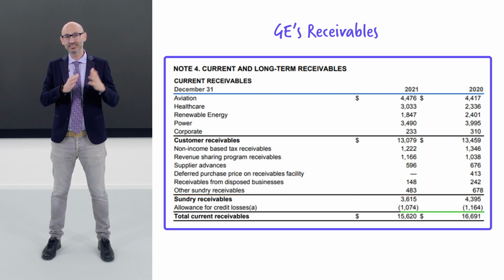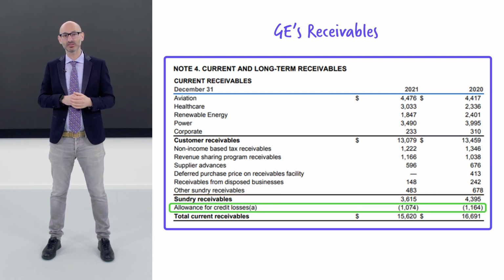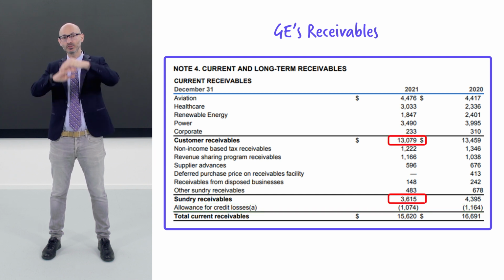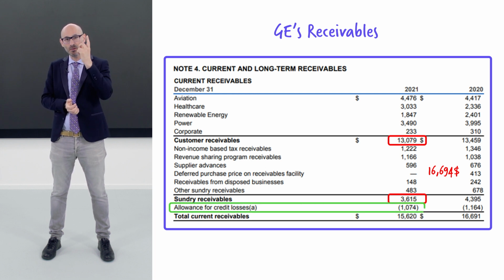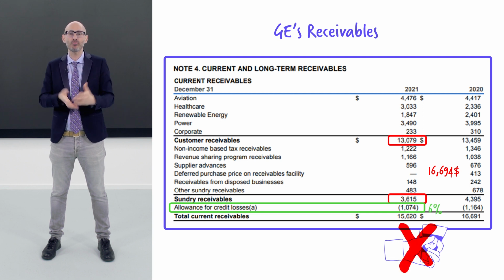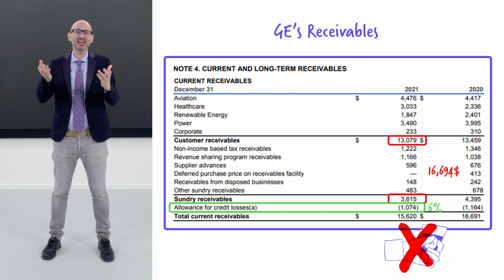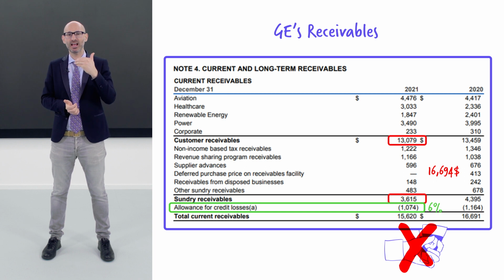In the end, they put at the bottom an allowance for credit losses, which is 1,074 million. So from a total of 16.5 billion of receivables, GE expects that roughly 1 billion will not be paid. So about 6%. That is a high number. No one should be happy that 6% of those who owe you end up not paying.